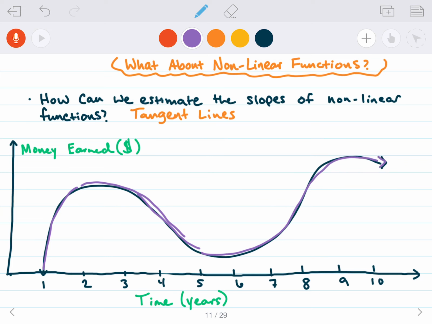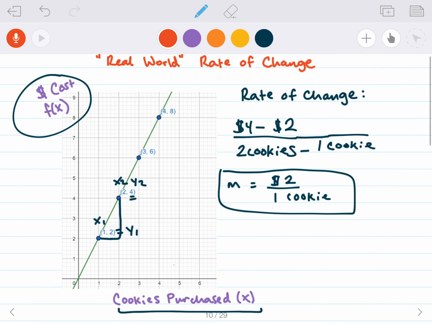And the slope, or the rate of change, is not constant. You can see that as you travel along this curve, if you were to draw these tangent lines, these lines that touch the curve at one point, you would see that the slope is constantly changing. And that's the difference between a function like this and a function like this.